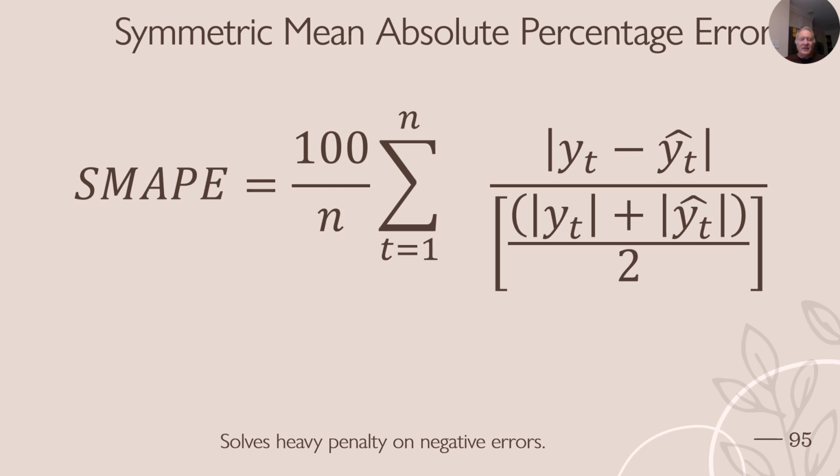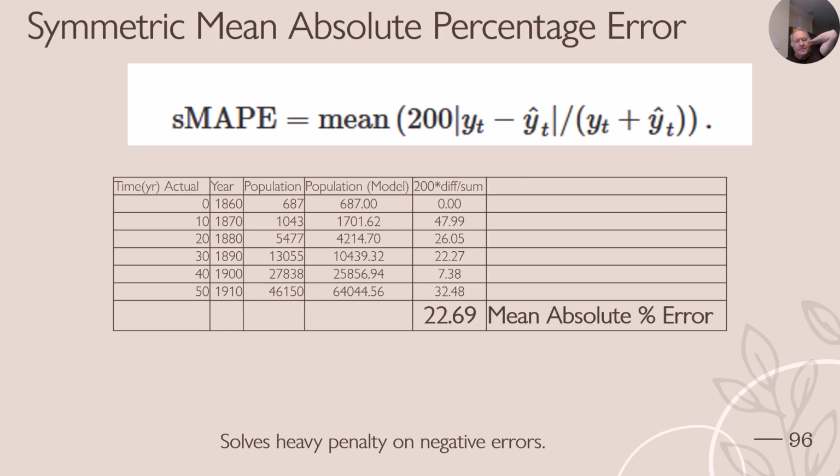What we're looking at is the average between these two values and the difference. So that's where that factor of 200 comes from. So our symmetric mean absolute percent error comes out to be about 22.69. And once again, what we did was we took 200 times the absolute value of the difference divided by the sum.